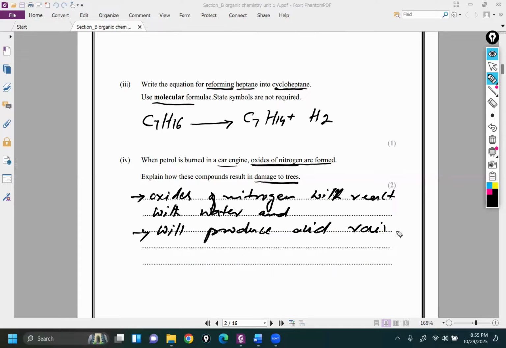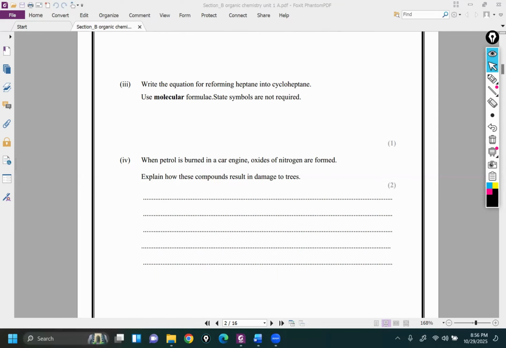So for 2 marks, you can simply write like this: oxides of nitrogen react with water, and then produce acid rain, which will damage the trees.